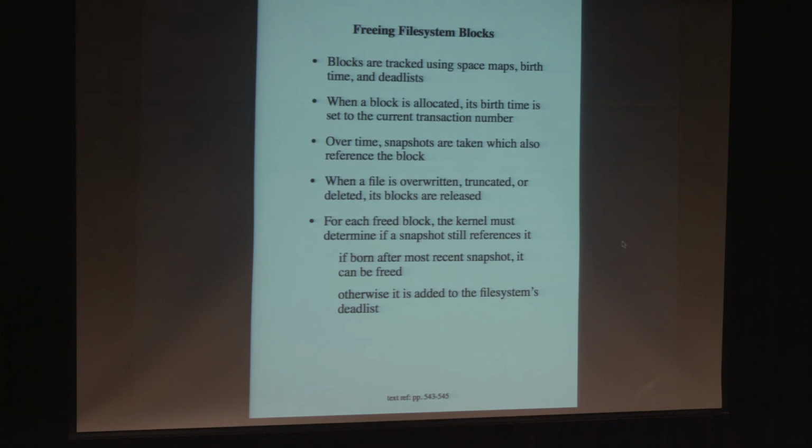Now if we remove a file, traditionally we would put the blocks that were part of that file into the bitmap. But in ZFS, of course, you can have not only the file that's claiming those blocks, but there may be snapshots that claim the blocks or other clones or whatever. And so we can't actually free a block until anything that's claiming it is gone.